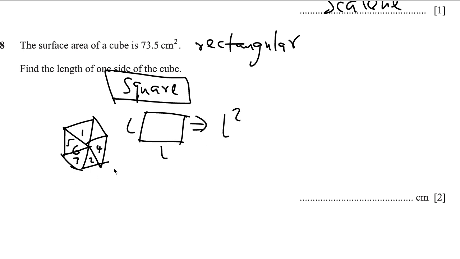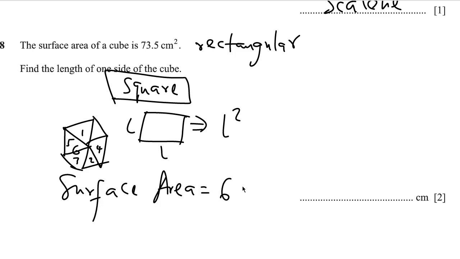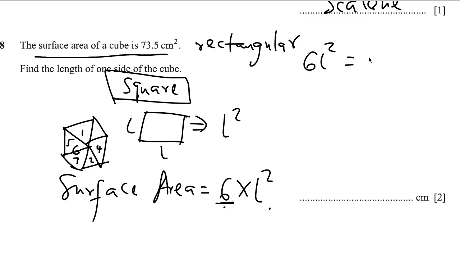So you have 6 faces, so the surface area is 6 times L squared. Since we're given that the surface area of the cube is 73.5, 6L squared is equal to 73.5, because the question says find the length of one side, so we're looking for L.